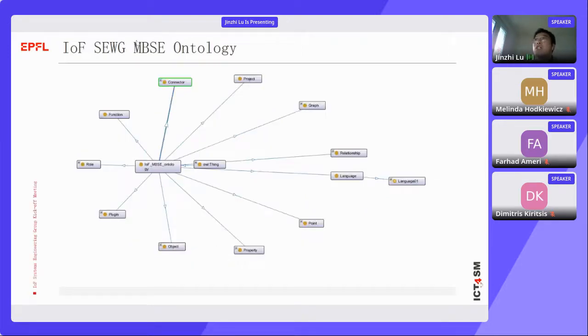And in the MBSE ontology, actually, we capture 6 high-level abstract concepts to represent the model structures, including the graph, object, point, role, relationship, and the property. Using these concepts, we can represent the model structures.